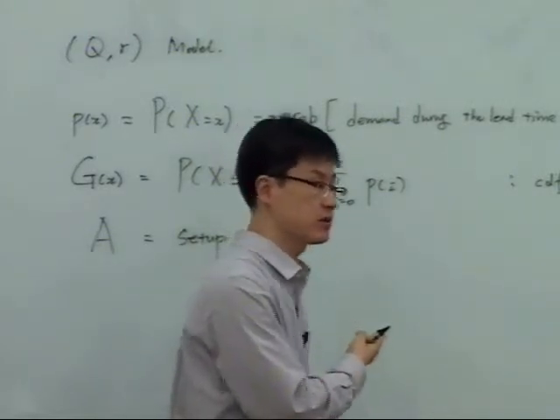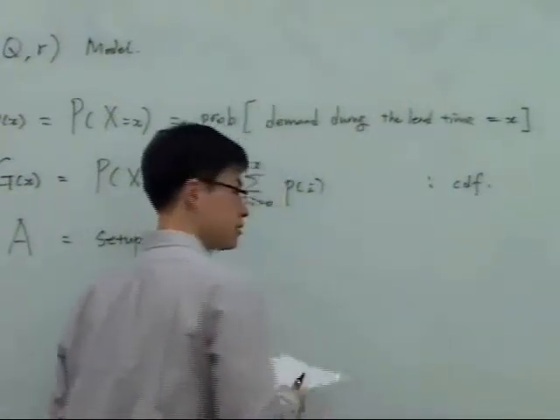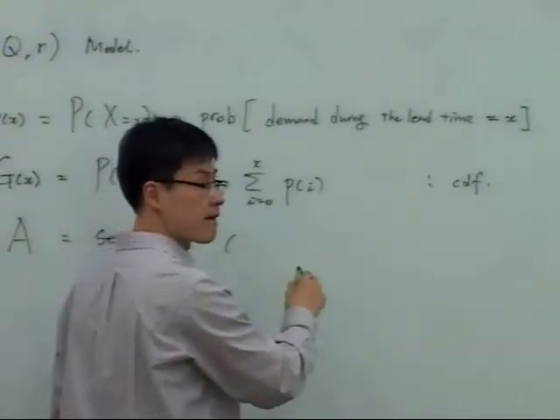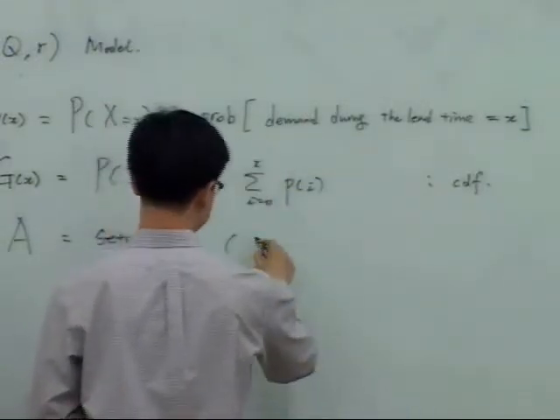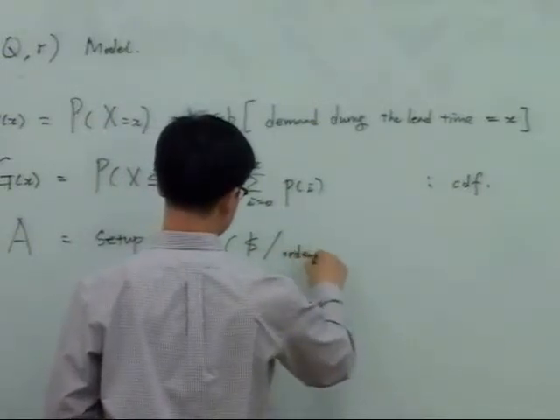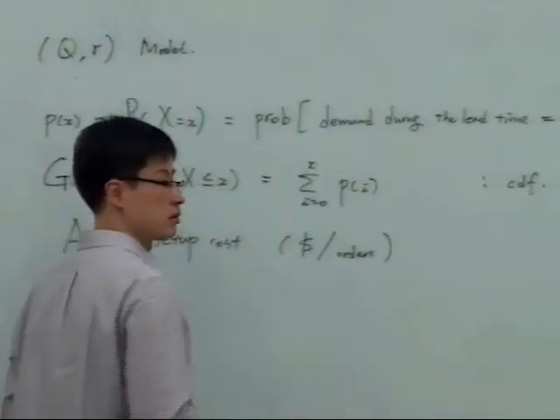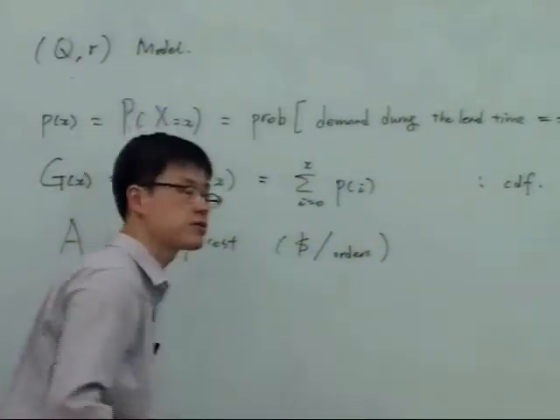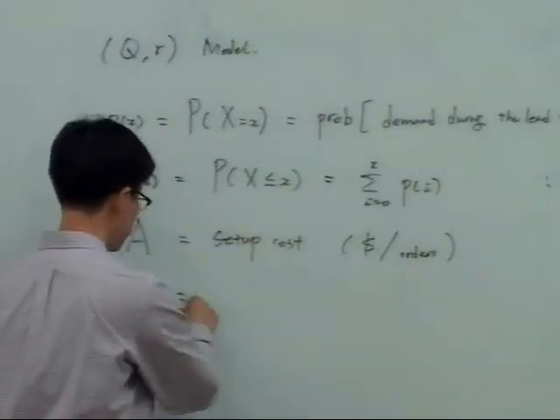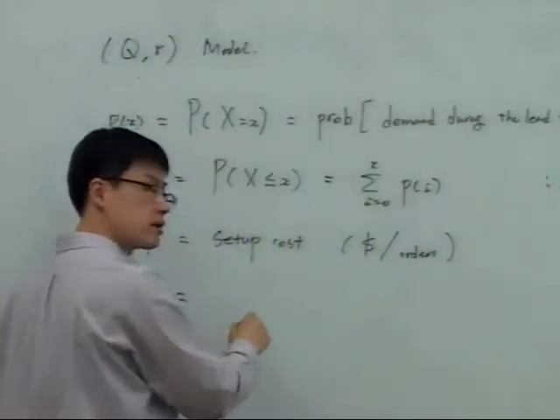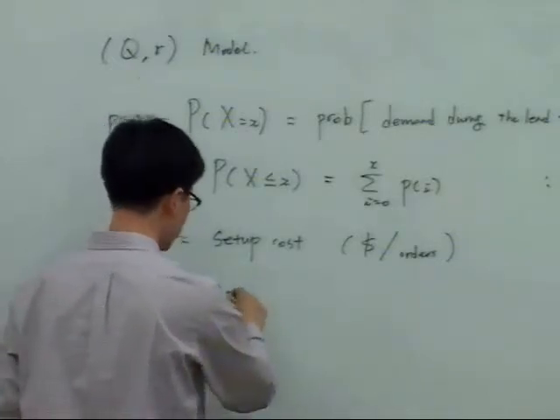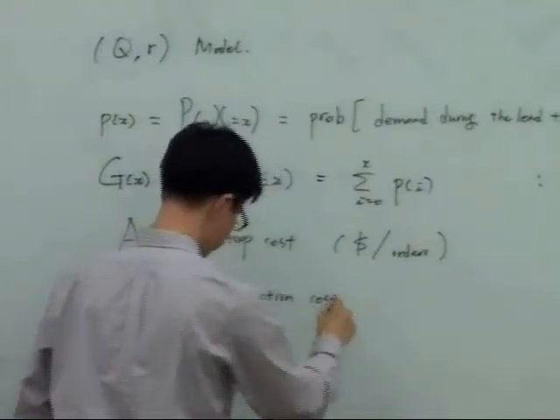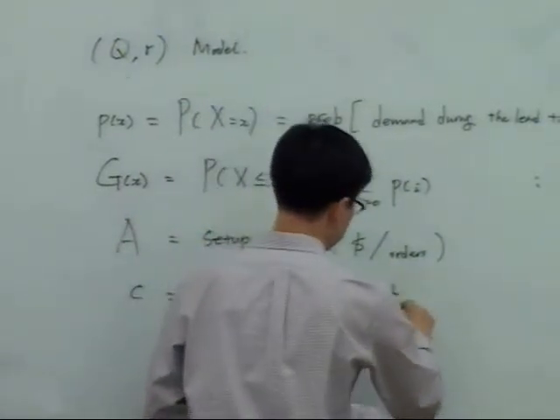That's the setup cost, the order cost. The orders don't have any actual unit, so the actual unit is dollar. Small c, same as in the EOQ model, is the production cost, dollar per unit.